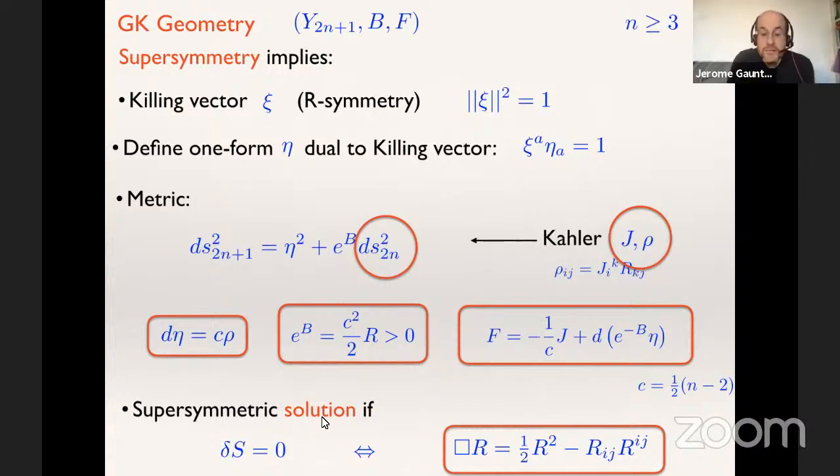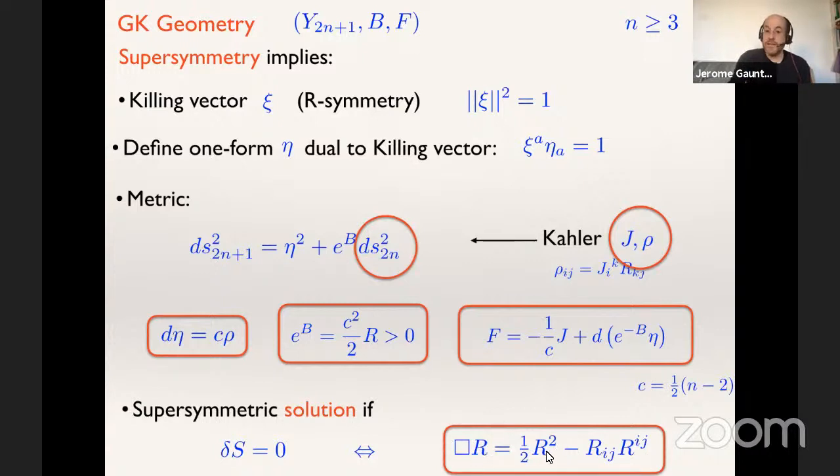To get a supersymmetric solution to the equations of motion, we also have to satisfy the equations of motion, which come from varying that action. That was the Einstein equation, the scalar equation, the gauge equation, and so on. But with all this information of supersymmetry, almost all the equations of motion are satisfied, except for one equation, which turns out to be this one.